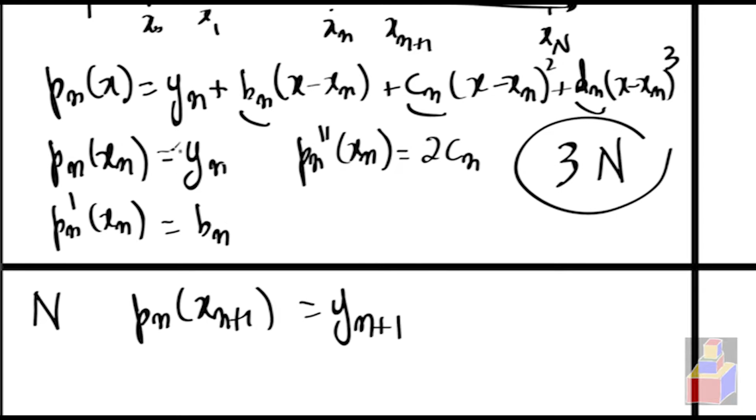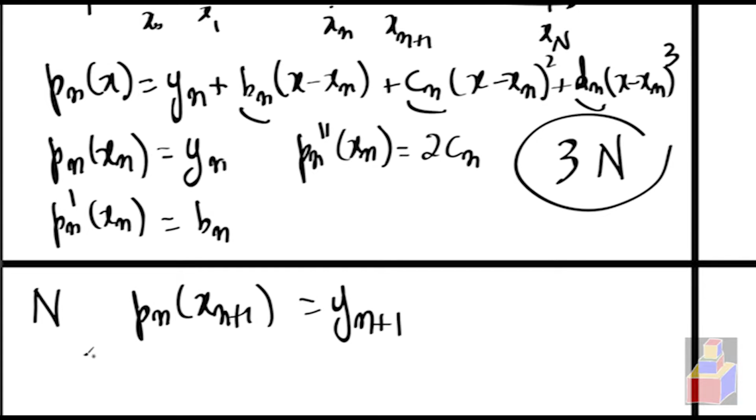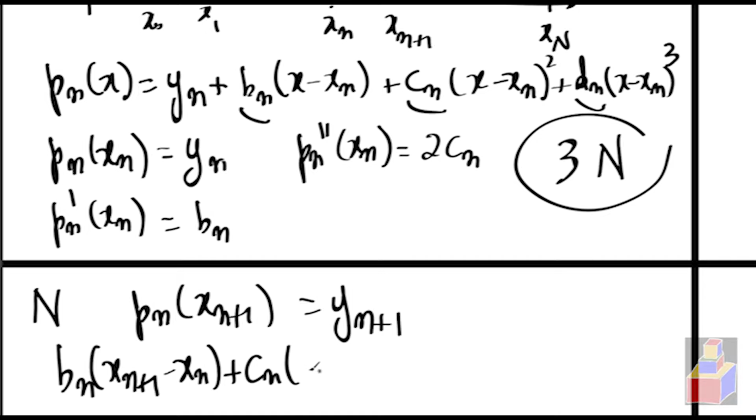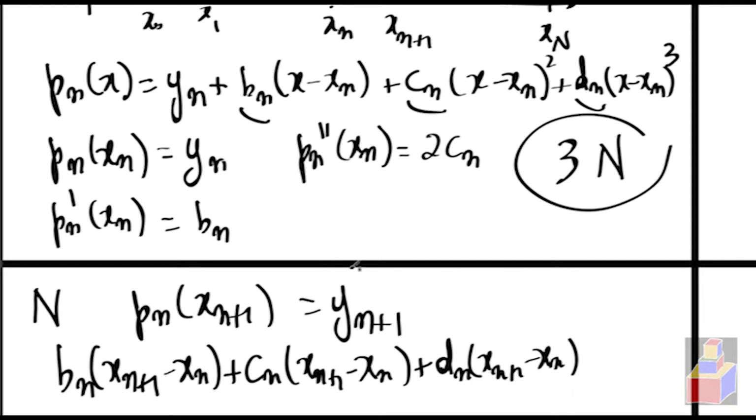So for instance, if we pick Pn and calculate that at xn plus 1 equals yn plus 1, you're going to have something like this: Bn times (xn plus 1 minus xn) plus Cn times (xn plus 1 minus xn) squared plus Dn times (xn plus 1 minus xn) cubed plus yn equals yn plus 1. So this equals yn plus 1 minus yn.